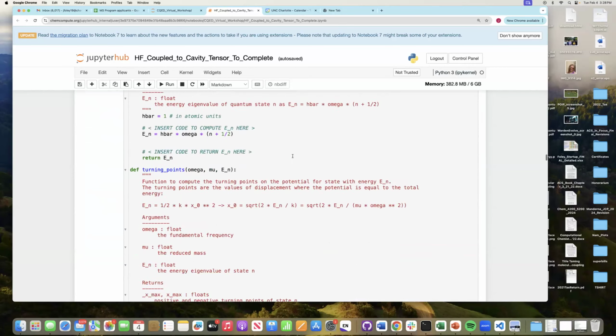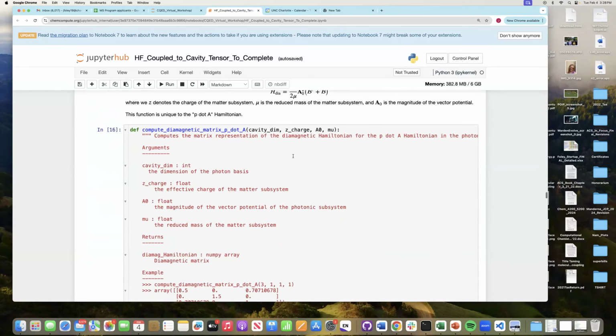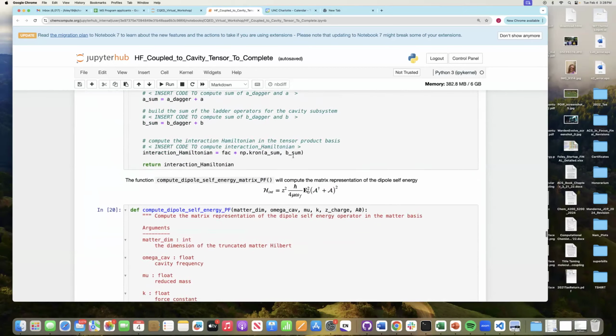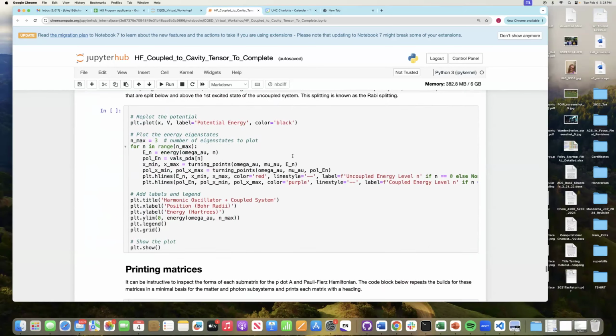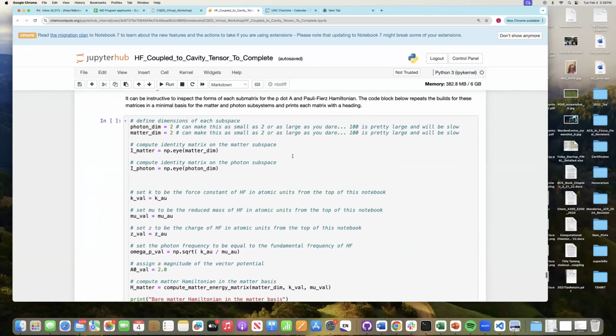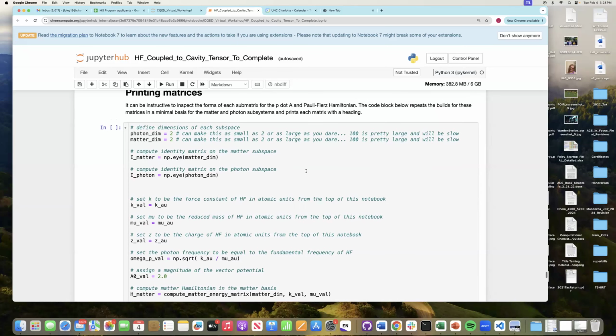So let's go see what happens. And I'll also walk you through the lines here because we're basically done. Okay, so this is where you can define the number of states in the cavity subsystem and the matter subsystem.